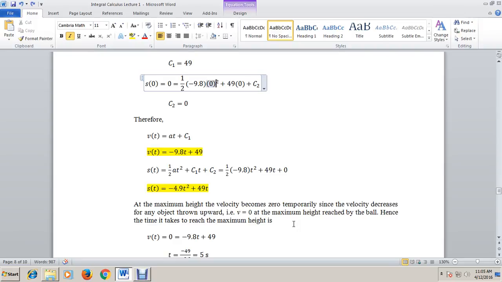Try to recall that whenever you throw an object upward, in this case our ball, the velocity becomes lesser and lesser, the velocity decreases, meaning eventually we expect that at a particular height, momentarily the velocity of the ball would be equal to 0.